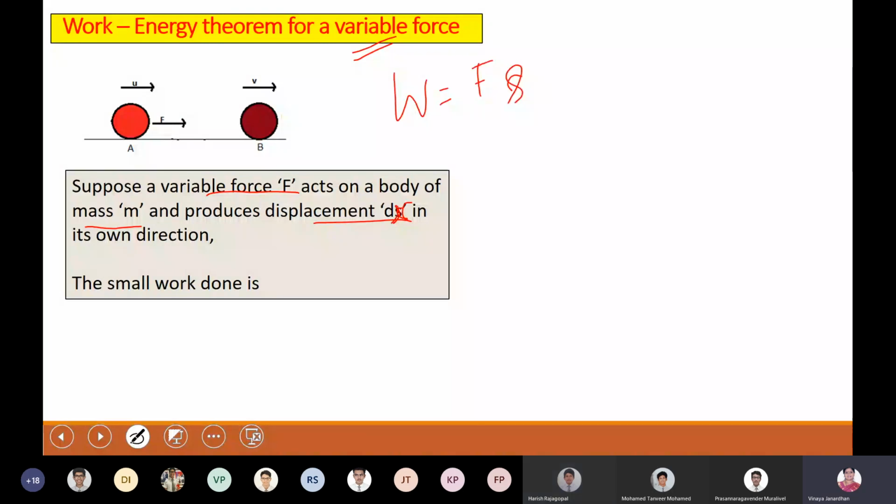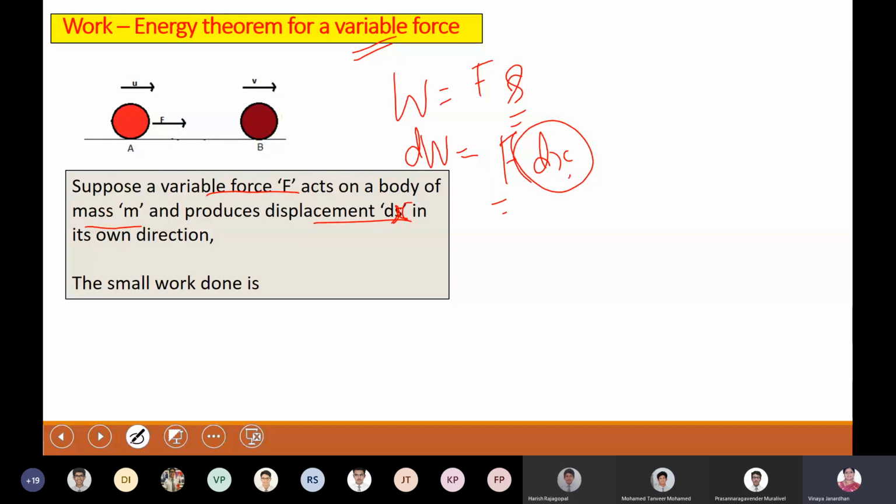Since the displacement is very small, the work done will also be of smaller magnitude. So dW, a very small work done, is equal to F ds. Though the force acting on the body is a variable force, for a very small displacement we consider the force to be a constant. All these are assumptions. Are you clear?